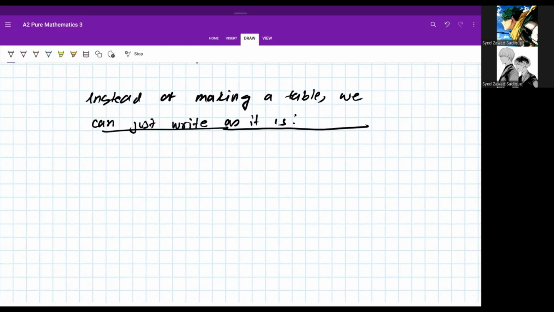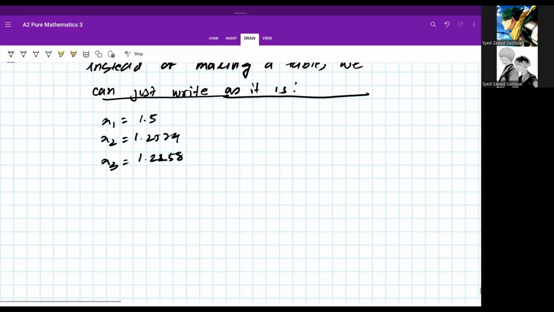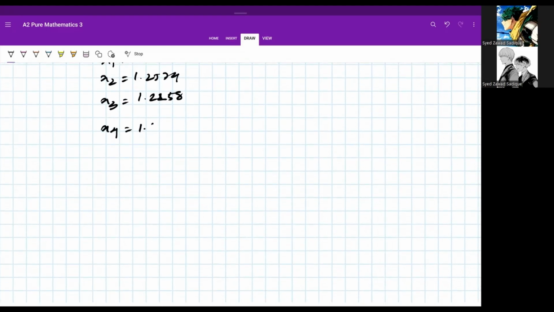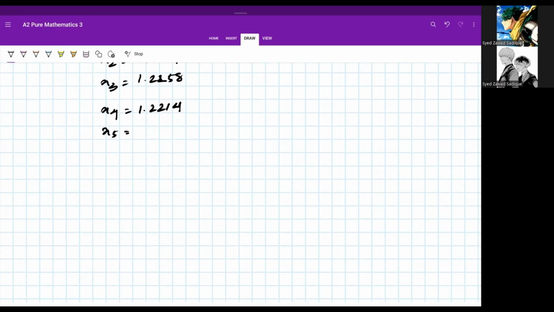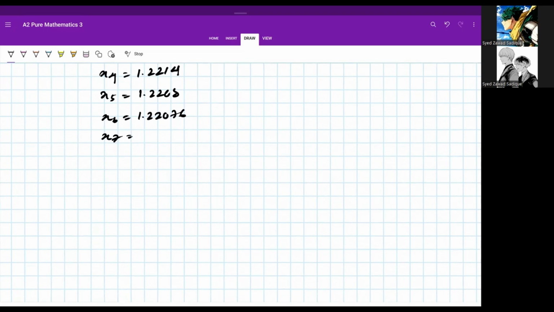You could just say x1 is 1.5, x2 is 1.2574, x3 is 1.2258, x4 is 1.2214, x5 is 1.2208, x6 is 1.22076, x7 is 1.22074, x8 is 1.22074, and x9 is also 1.2207444.